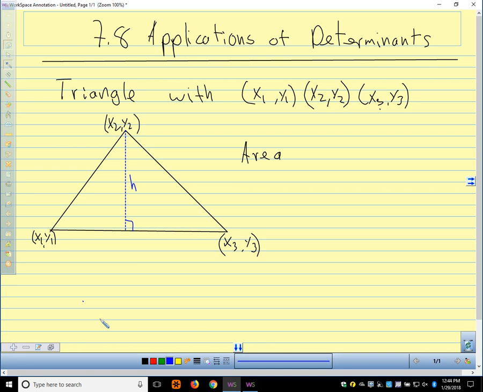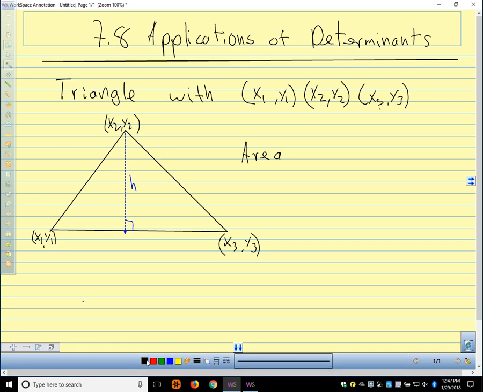If this is not necessarily a horizontal line. So if that were the case, then yes. But we're saying this for any 3 points. We'd have to find the equation of that line. Then we'd have to find the point where those 2 lines intersect. And then we have to use the distance formula between those 2 points to find the height. So it's a lot of work.